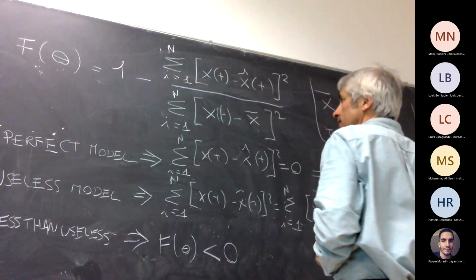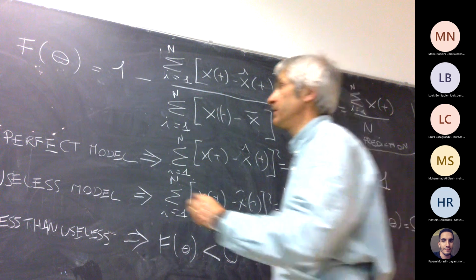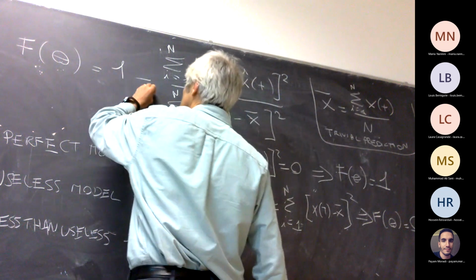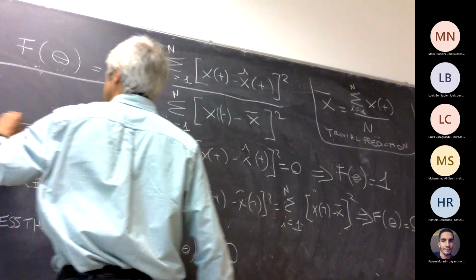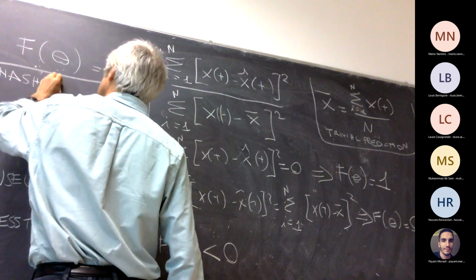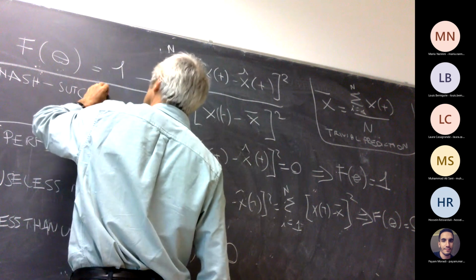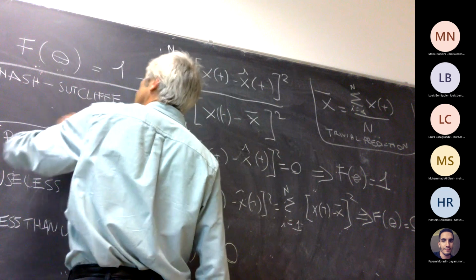So this objective function is called Nash-Sutcliffe efficiency. So let me write it somewhere. I take a box here to write it, okay? It's called Nash-Sutcliffe efficiency.